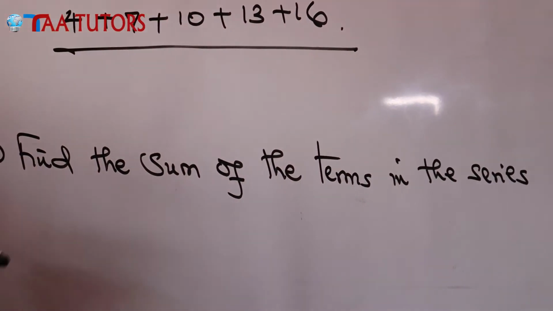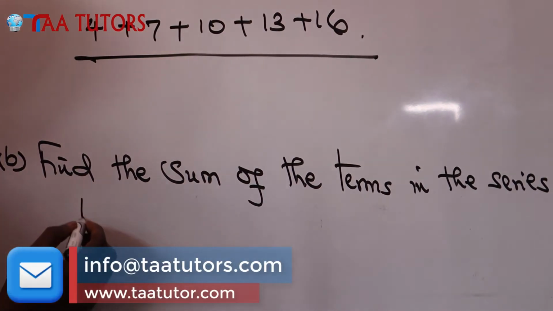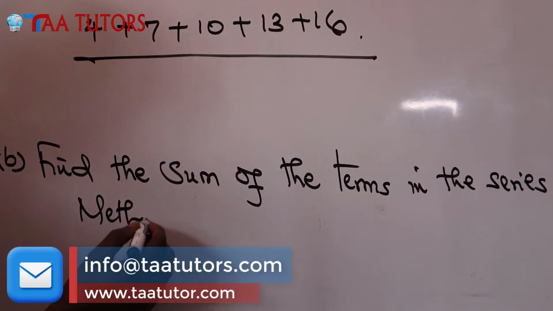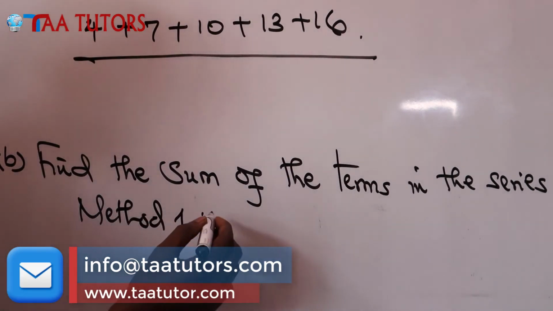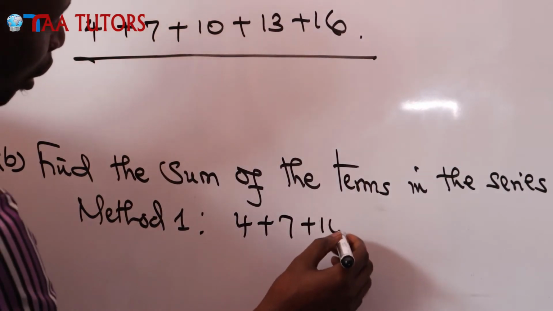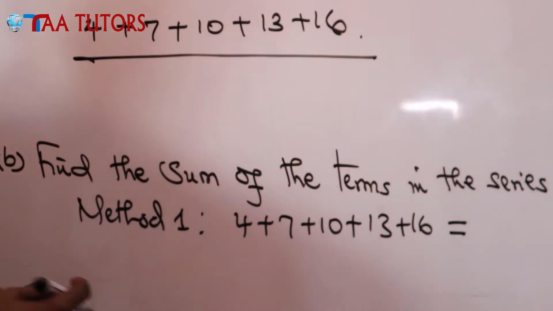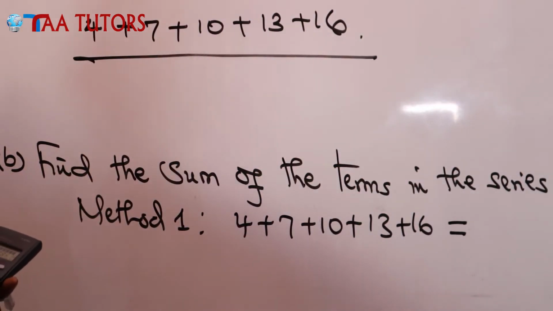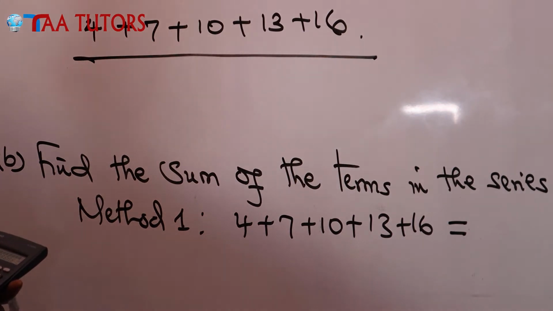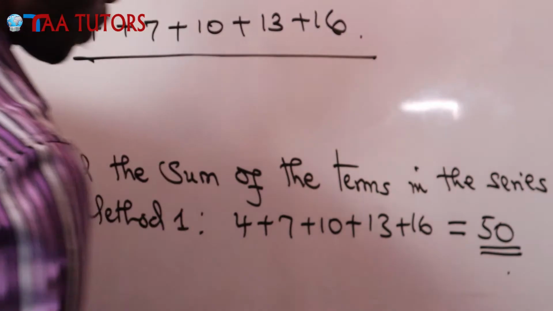Finding the sum, method 1 could be simply adding them: the sum will be 4 plus 7 plus 10 plus 13 plus 16, which should give us 50. That should be the sum of these terms.